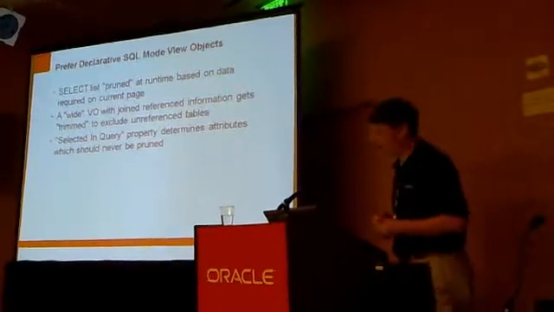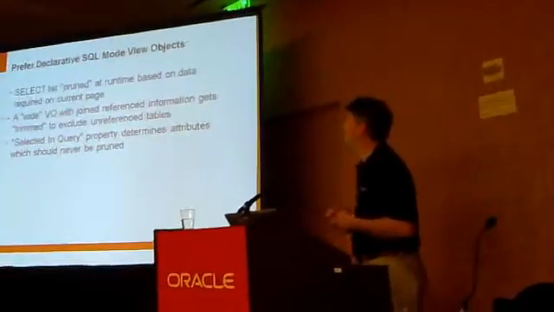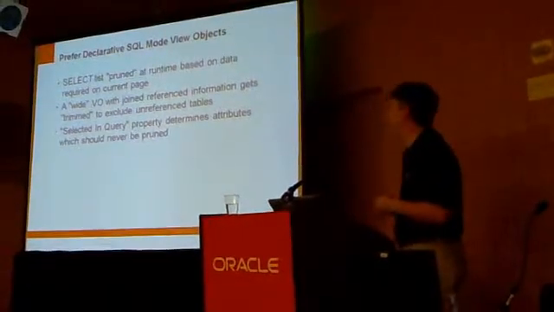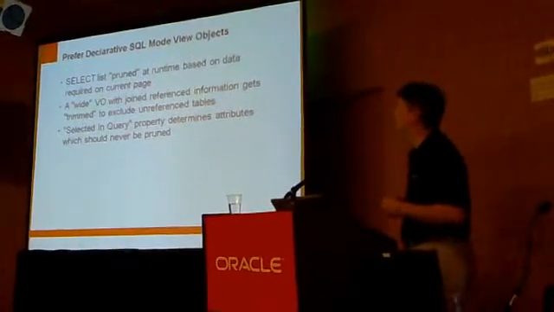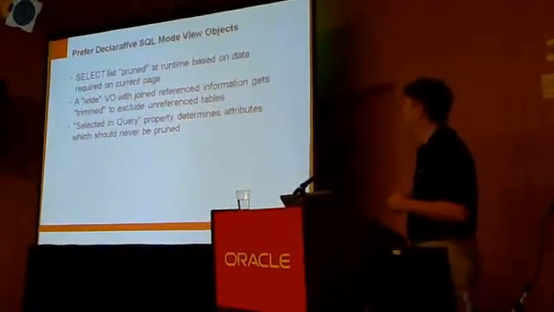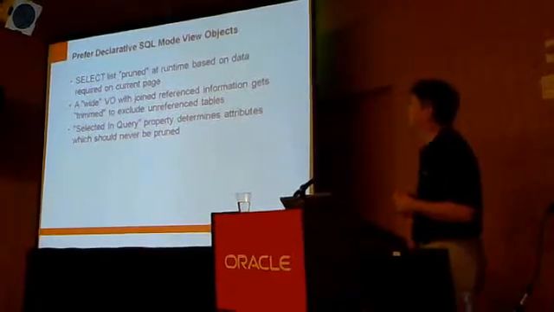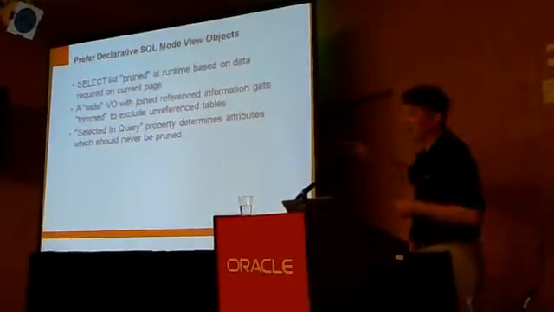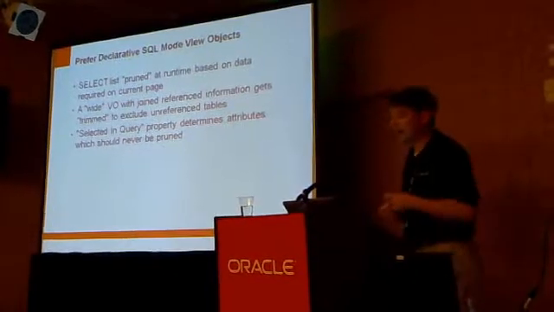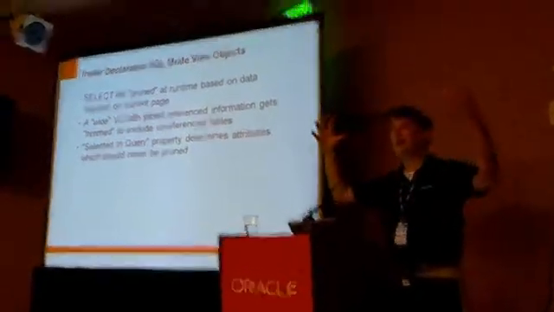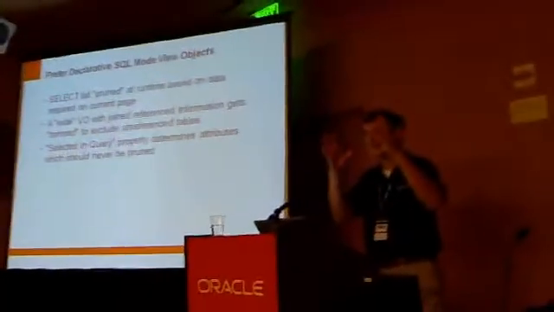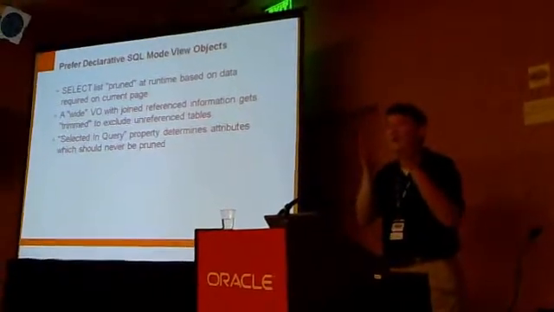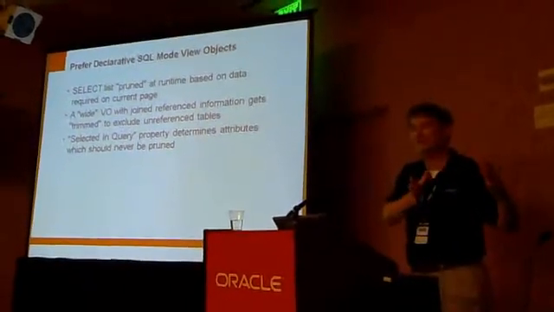And then the last thing I'll talk about, because I'm kind of running out of time, you can look through the last few slides on a few performance tips in the downloaded version of the presentation. But I wanted to point out this new declarative SQL mode, which allows a view object to prune its select list down to be only the columns that are required to serve the current user interface.